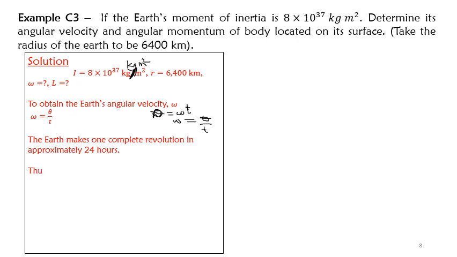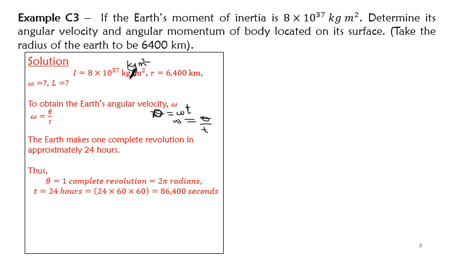Okay, so from there, we get the answer in radian per second. Thus, our theta for a complete rotation is 2 pi radians, and time is 24 hours. In seconds, we have 86,400 seconds. 60 minutes make 1 hour, and 60 seconds make 1 minute.